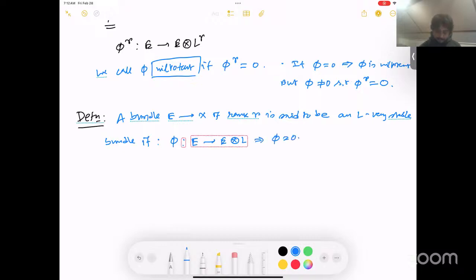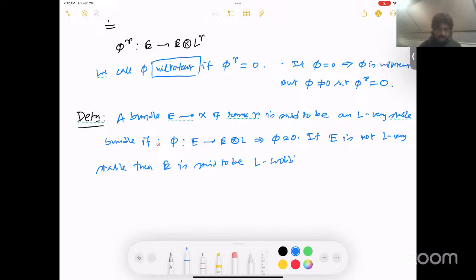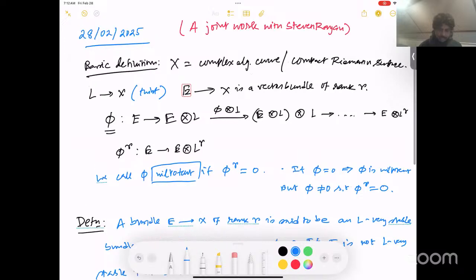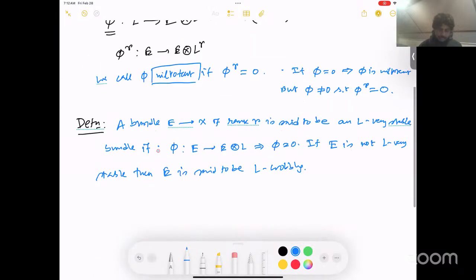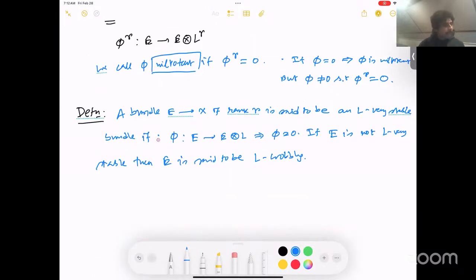Okay. And if E is not L very stable, then we call E L wobbly. Okay. So this is the primary definition.